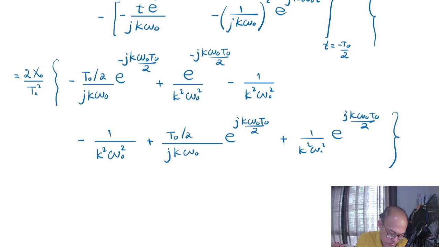Now, you see that this one, omega 0 t0 over 2 is just pi. Okay, this is pi, and this is pi.